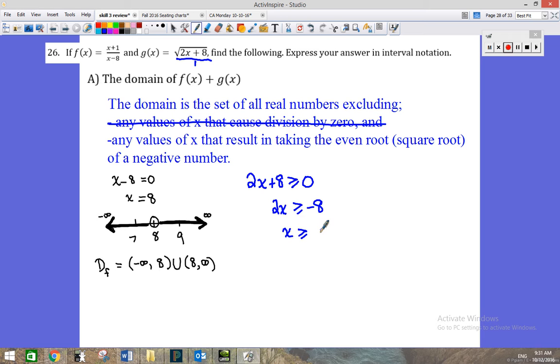And I have that x is greater than or equal to, oops, I almost lost my negative sign, negative 4. Okay, so on a number line, I include negative 4, and since it's greater than, I shade to the right.